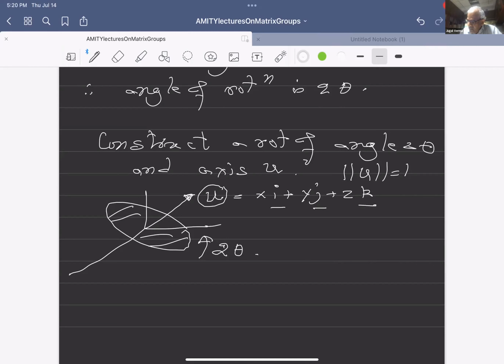So what is this recipe saying? From u, you make the following quaternion: cos theta plus u sin theta.